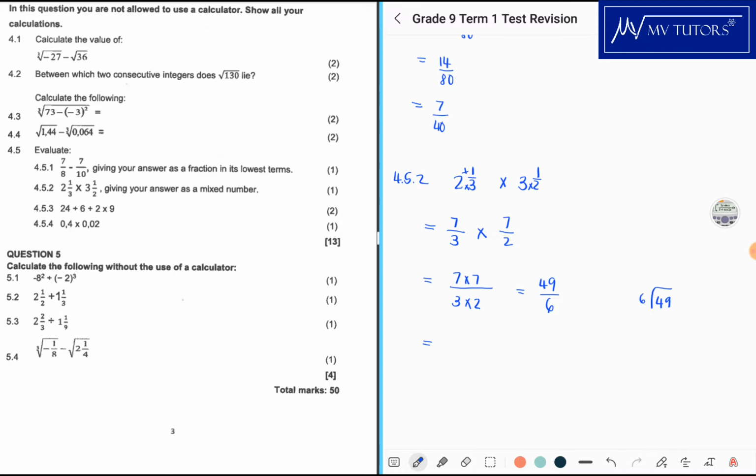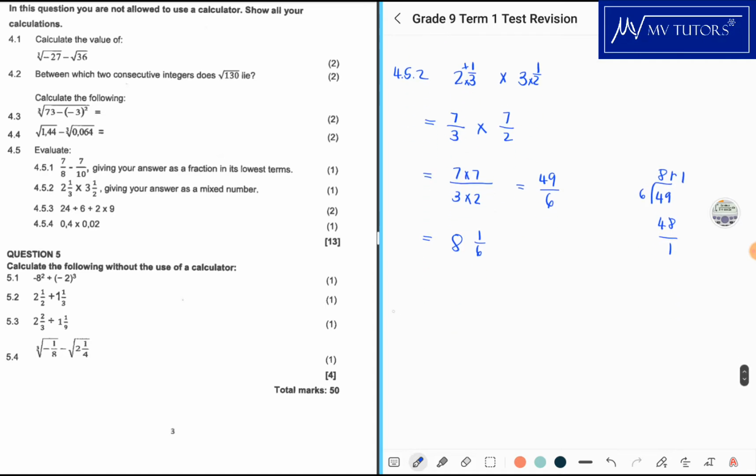So actually 6 times 8 will give us 48. So this will fit, and then you're left with 1. So remember with the mixed fraction, once you have the 8, that is your whole number. The remainder is your numerator. So we have 8 and 1 over 6. That's the mixed number. Now 4.5.3.